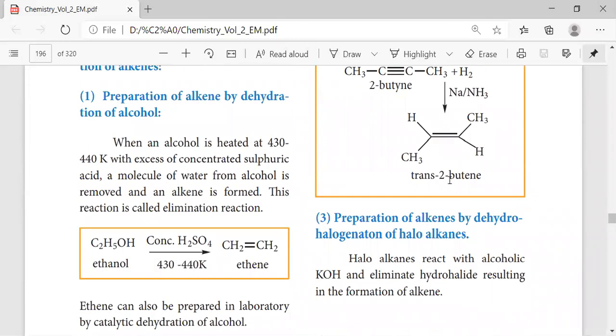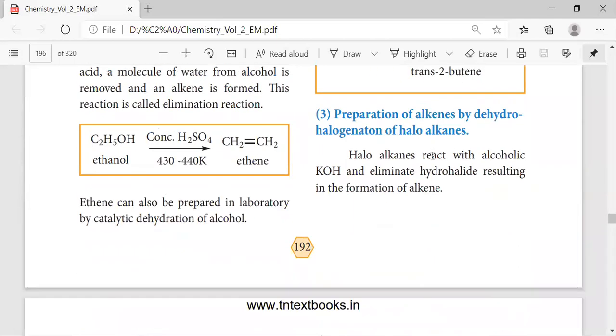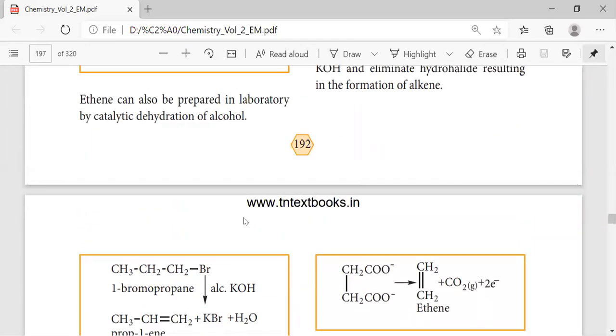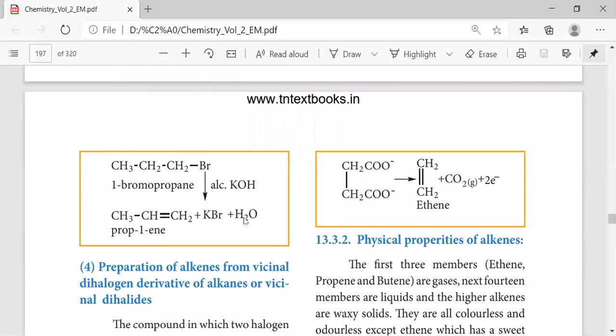This leads to the formation of trans-2-butene. Now comes alkene by dehydrohalogenation of haloalkanes. Dehydrohalogenation is the removal of the halogen group and also a water molecule.